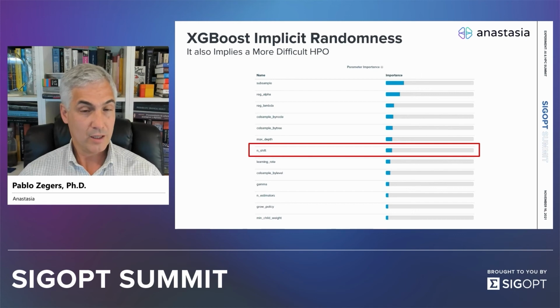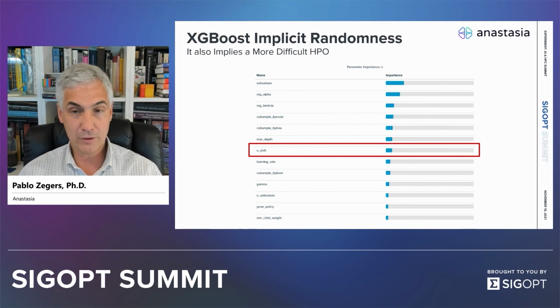So the only parameter taking care of how far we should see on this windy road is n shift. All the other parameters are internal to the problem. It's like the car being the problem. And SigOpt rightly identifies that finding the correct combination of internal parameters for XGBoost is the problem, not n shift.